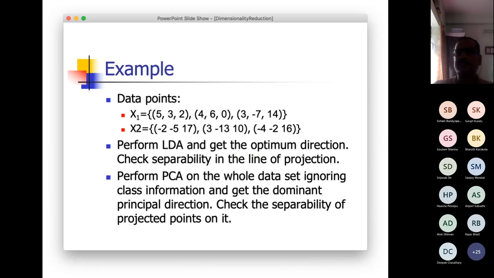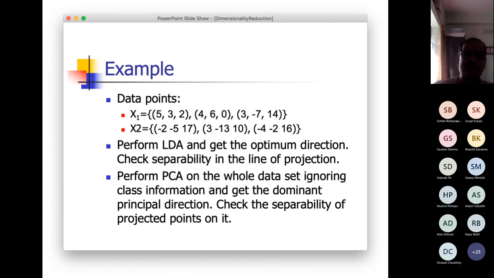So with examples, let us consider one numerical example. Say we have taken these three, I think I have taken the same data set. If you remember, if I add them, x plus y plus z equals 10, right? That was the plane on which these data points are lying, and it is possible to represent them by just two directions in the space because they are lying on the plane.